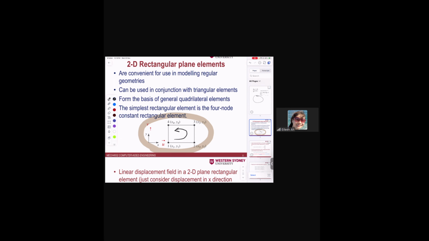Okay, and now if we have a rectangular element, we use the same assumption. We assume the displacement is linearly distributed. In that case, we have this equation. This is actually just a mathematical method.